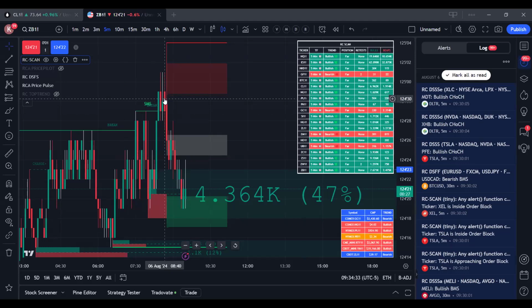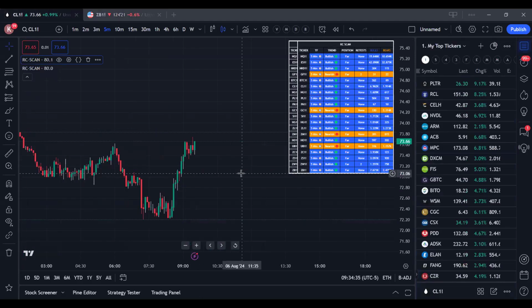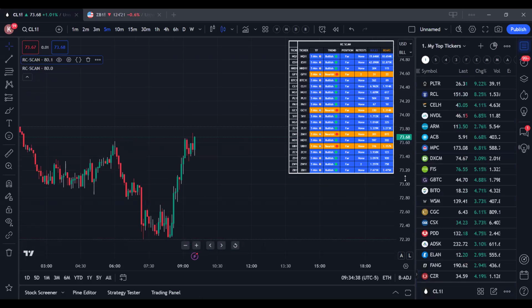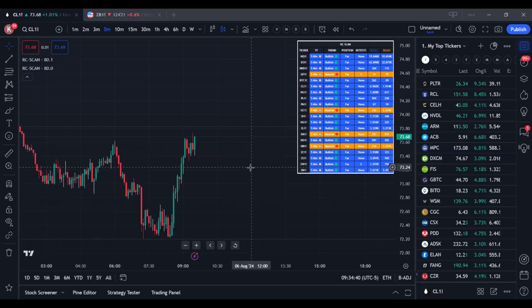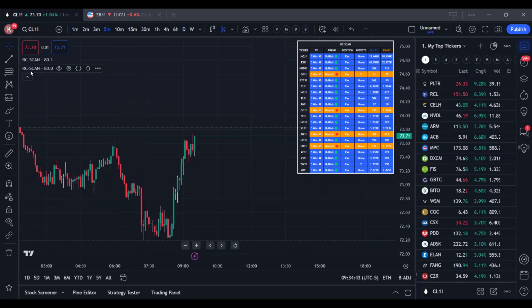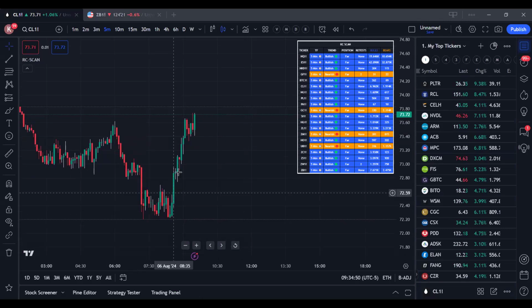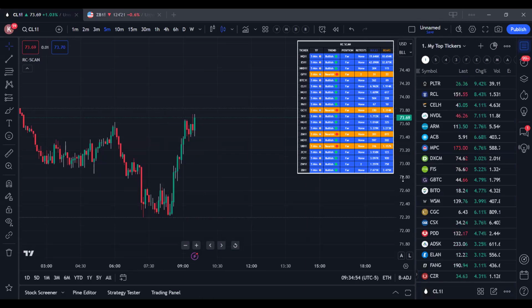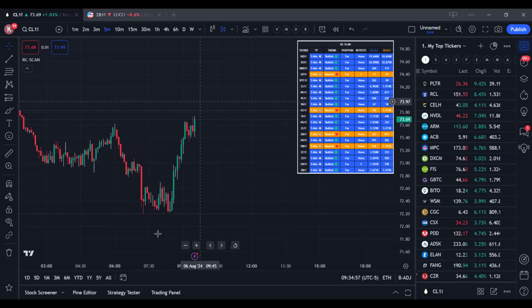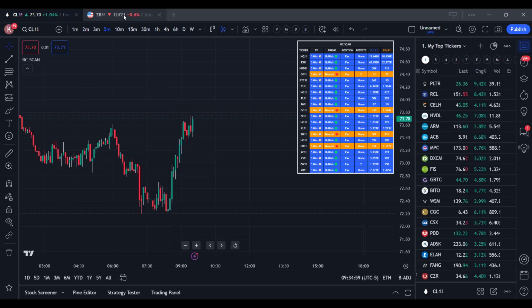So that's why if you go to CL, you can see how it is moving. Yet there is a lot of bullish volume. So if more buyers, more demand, price is going without a stop there.